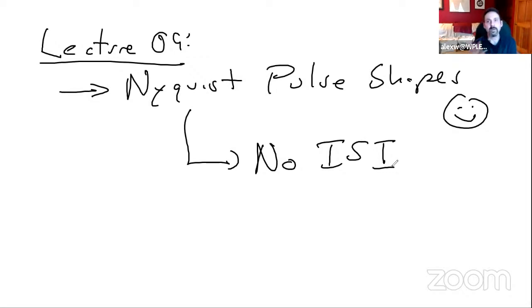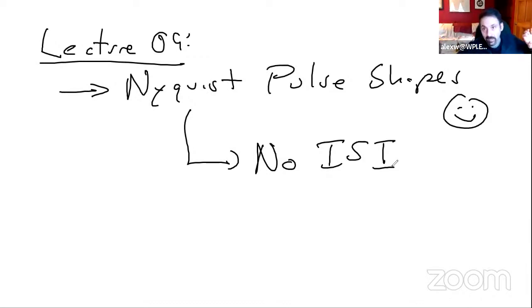But heads up, this will only work if you don't have any sort of channel environment in between. So this is under ideal circumstances. These are pulse shapes that you can use from end to end, if you have an ideal channel.